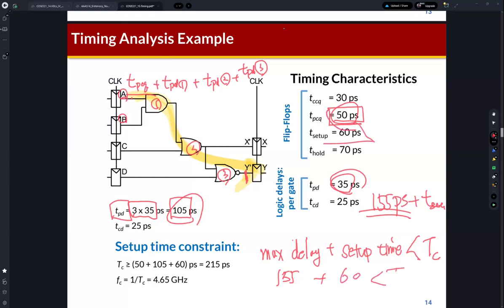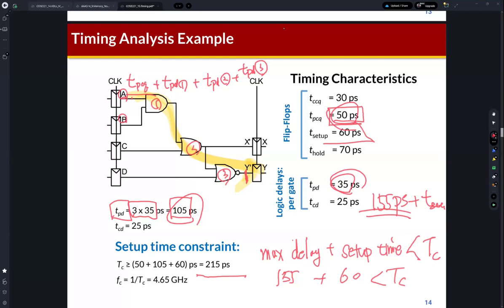So this is the TC. TC needs to be the clock period for this circuit. The clock period needs to be bigger than 215 picoseconds.